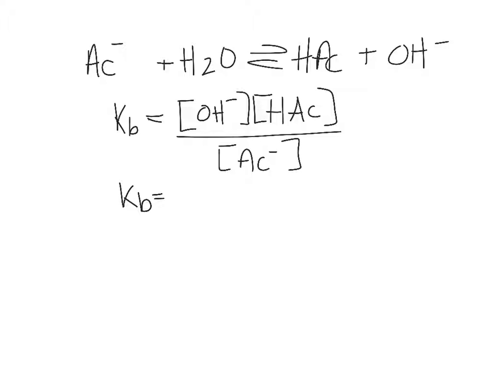Is it in the table? It's not in the table. So that means you've got to go to your Ka table and find acetic acid. Is it 1.8 times 10 to the negative 5? Yeah, it is. So there's how you find your Kb.